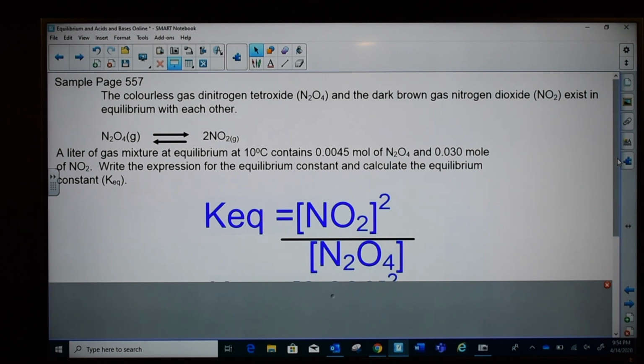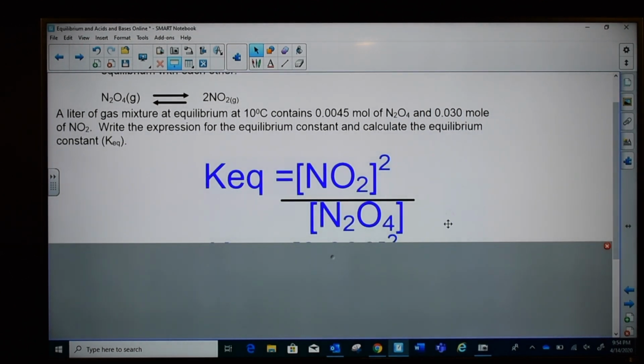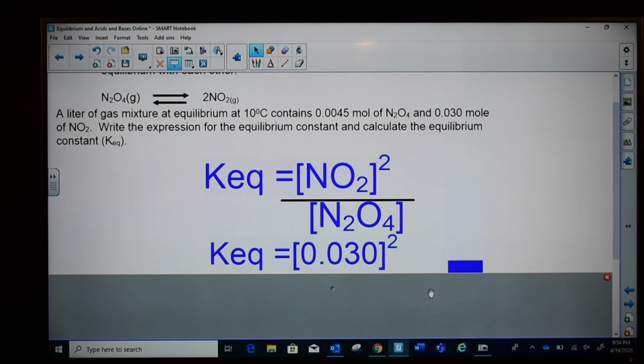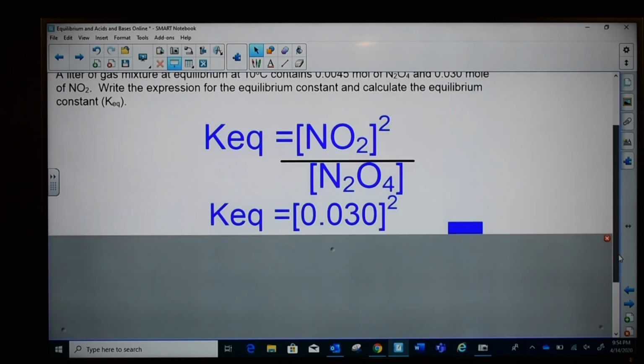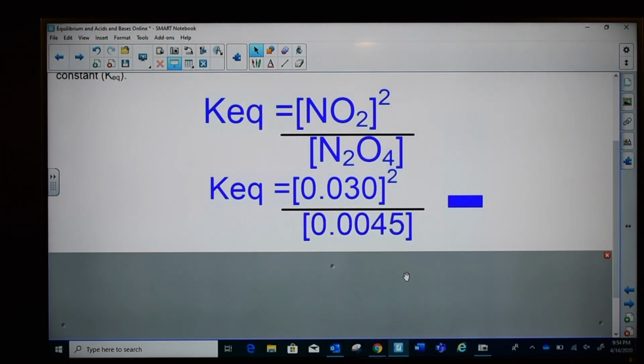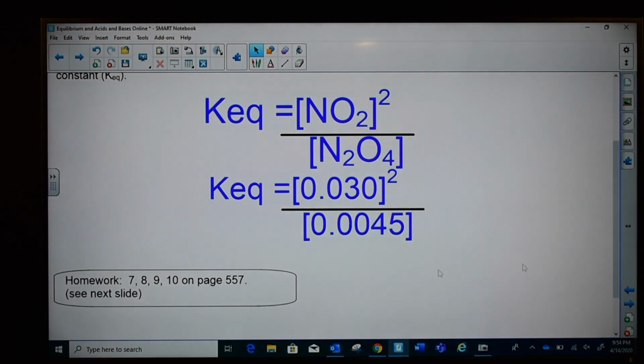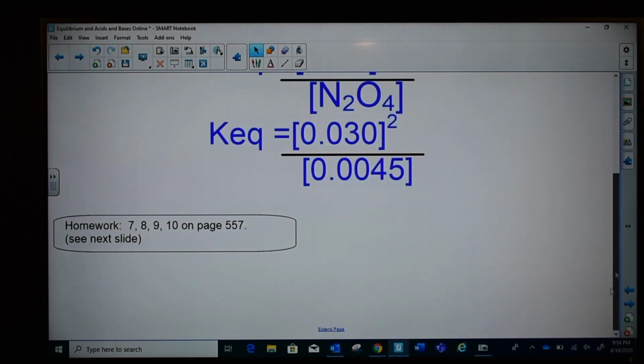Then I simply fill in the numbers: 0.03 squared divided by 0.0045, and I should end up with a final Keq value of, drum roll please, nothing.